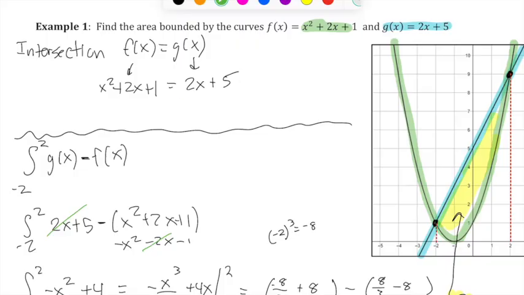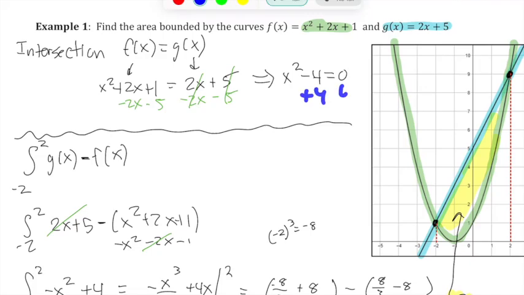Now, if I subtract 2x from each side and subtract 5 from each side, that's going to give me x squared minus 4 equals 0. And then if I add 4 to each side, I'm going to get x squared equals 4. And then when I square root, I'm going to get plus and minus 2.